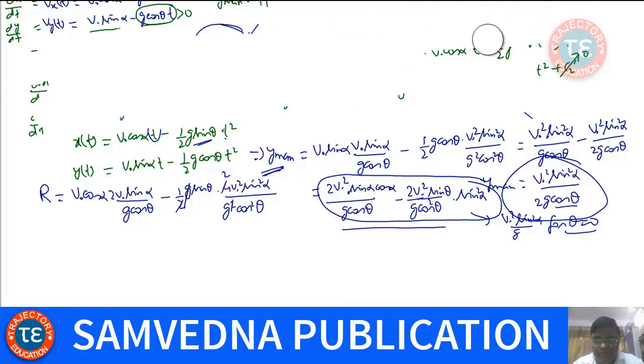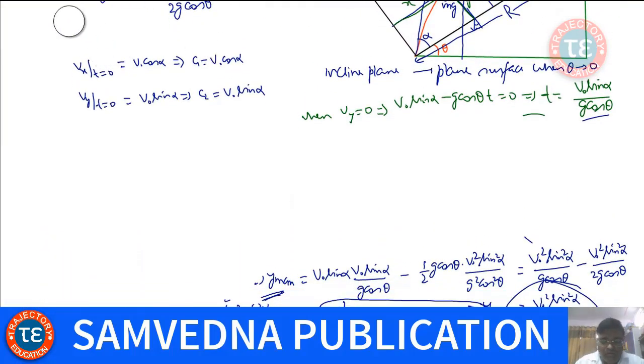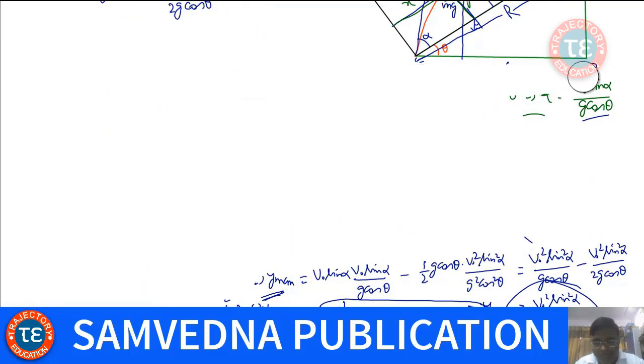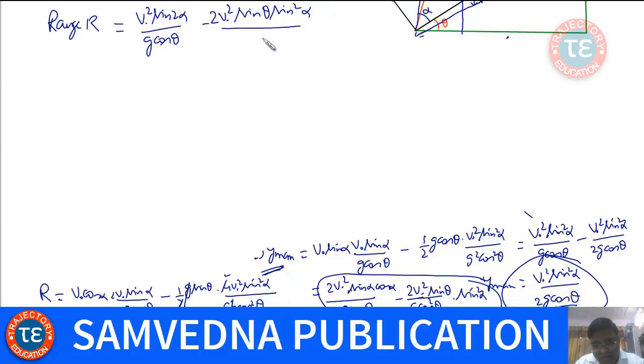Range equals V naught square sine 2 alpha upon g cos theta, minus 2 V naught square sine theta sine square alpha upon g cos square theta. That was range.